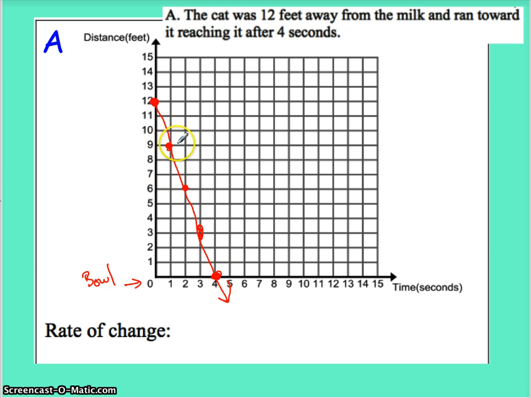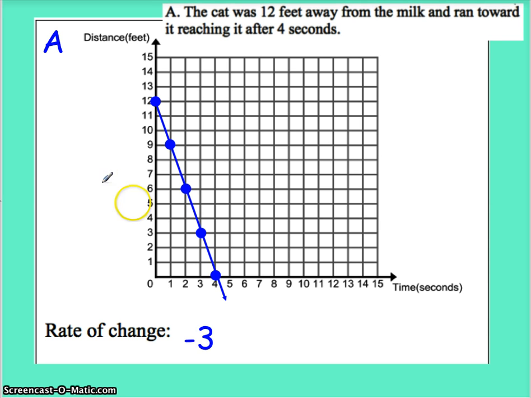The rate of change, well, let's see. I am moving over 1 in x, and in this case I have to drop down 3. So I'm going to use a negative sign because I'm dropping down. So that means my rate of change in this case, here's a cleaned up version of the graph, would be -3, because when I move 1 over in x, I have to drop down 3.